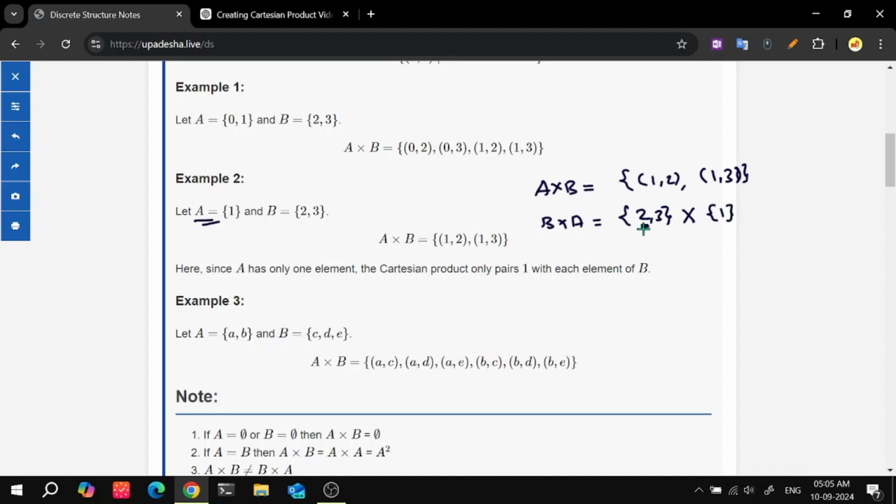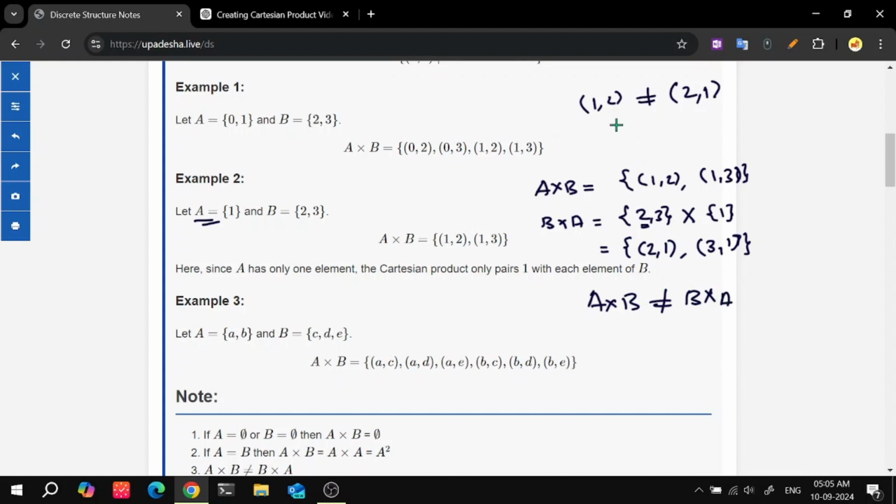In this case, the first element should be from B. That's why it will be (2, 1) and then (3, 1). Remember one thing, (1, 2) is never equal to (2, 1), and therefore A cross B is not equal to B cross A.